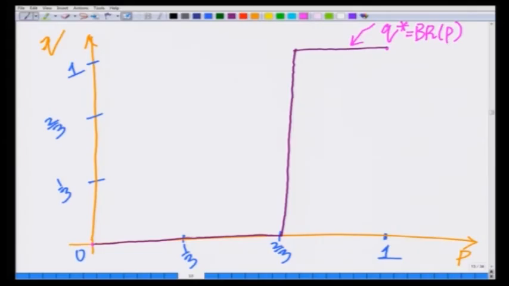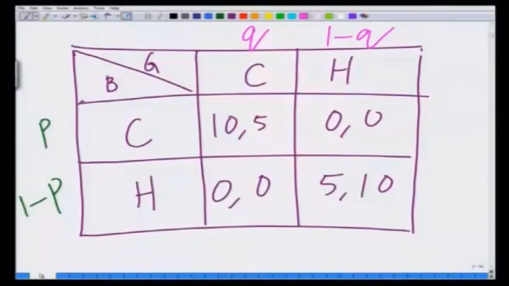Right. Now, let us try to look at it from the perspective of the mixture employed by the girl. So, let us now try to find the best response p as a function of the mixture q employed by the girl.